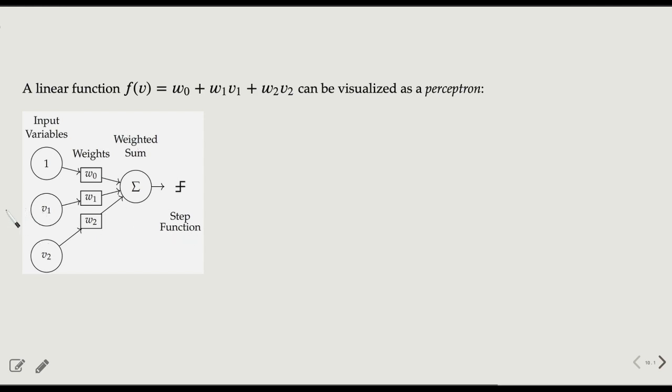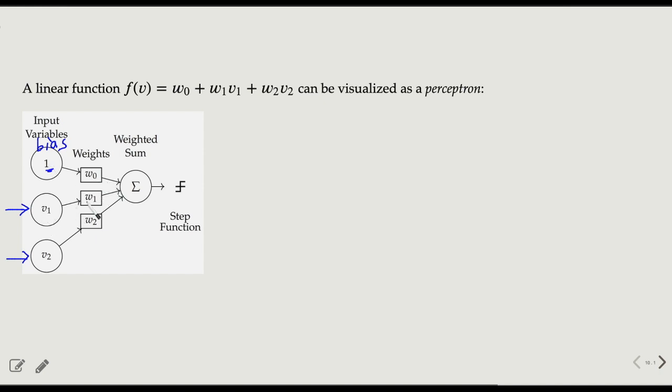So let's suppose V1 is for width, V2 for height, and then we'll also have a variable for bias, which is just something beyond the variables here. But so we have three inputs, and for each input, we are going to have a weight associated with the input. Okay, so for this bias variable, the value is always 1. Okay, but there is also weight of W0 associated with it.